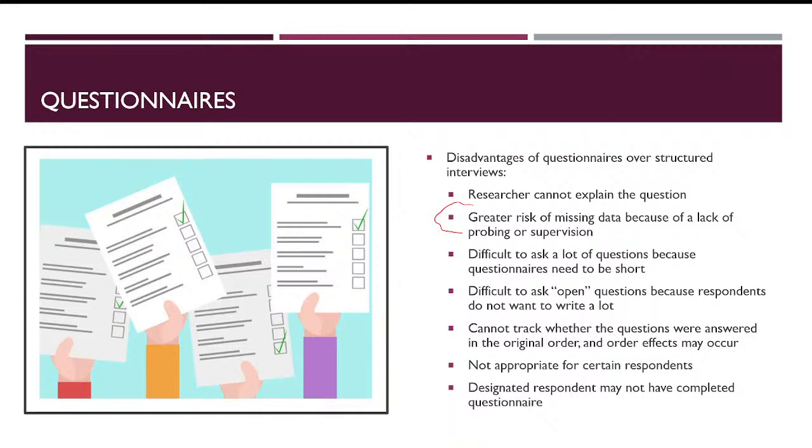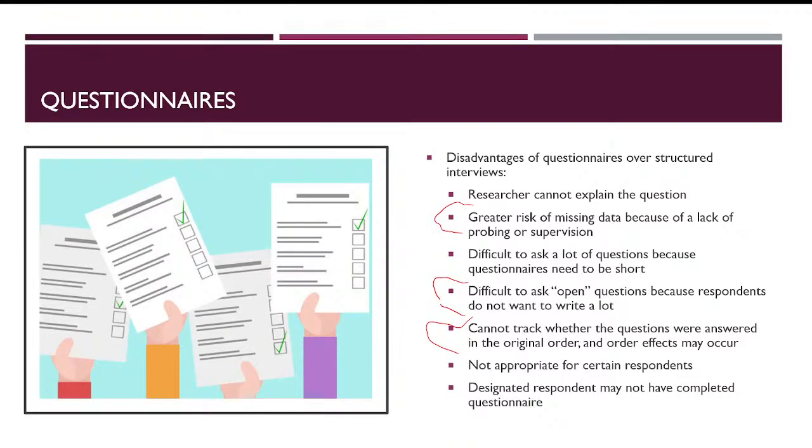And open questions are really hard because a lot of people don't want to write a lot. I've had open boxes in these kinds of surveys, and I'll get 2-word answers. They're not very useful. You'll get 2 words in it, or they'll get annoyed and just quit the survey. Or it may not be appropriate for everybody.